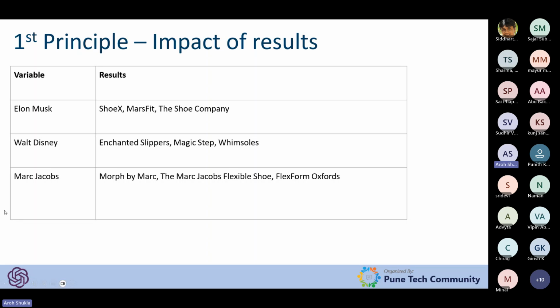And Jacobs is a very famous designer, and then he will get some style in that context. So my first principle is always in the style of someone, some person, or some concept. That is something I want to share with you.